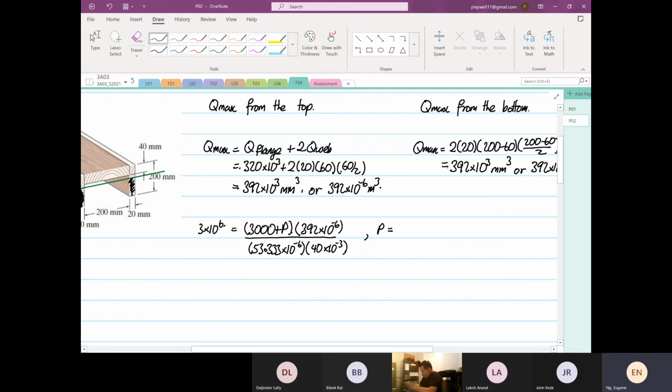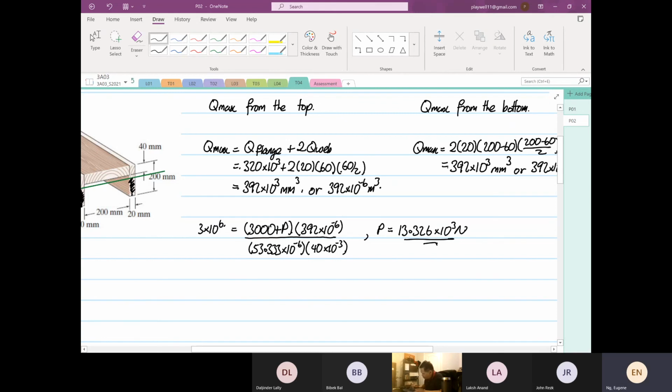So 3 times 10 to the power 6 times 53.333 times 10 to the power minus 6 times 40 times 10 to the power minus 3, divided by 392 times 10 to the power minus 6, then minus 3000, so I get 13326 times 10 to the power 3.